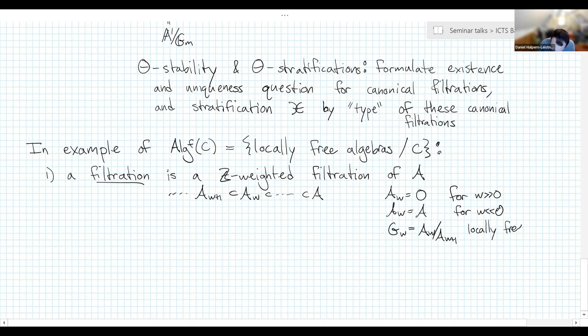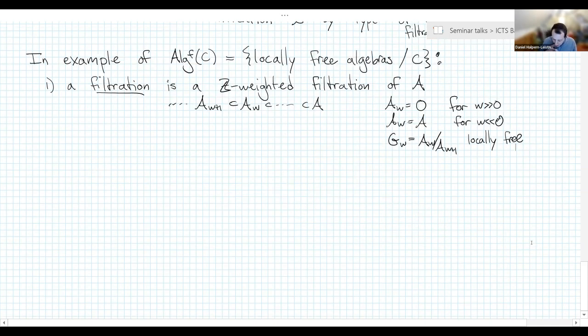This is what you mean by a filtration in the stack Bun-R-D.